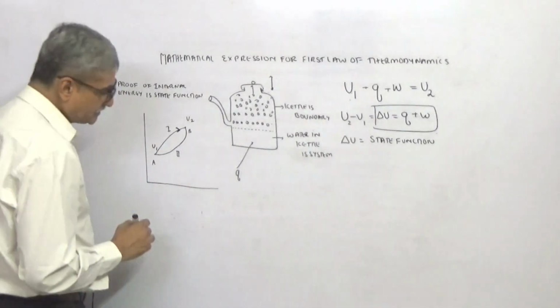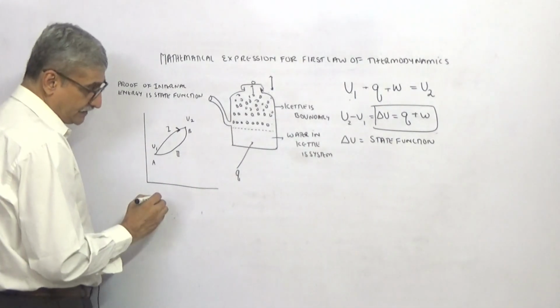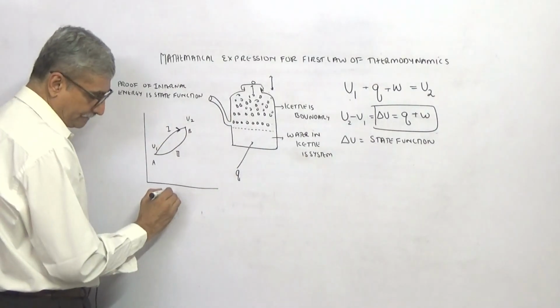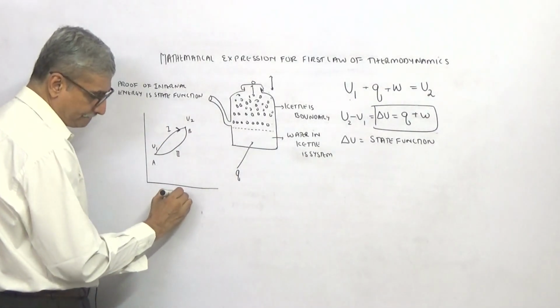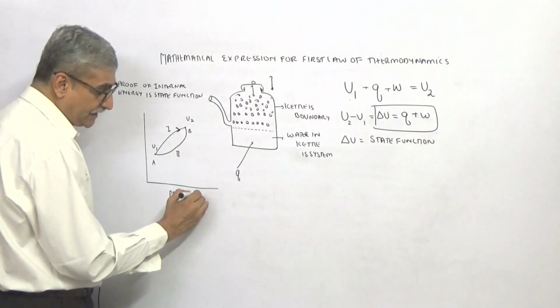The first possibility is that the energy change in path 1 is greater than in path 2.